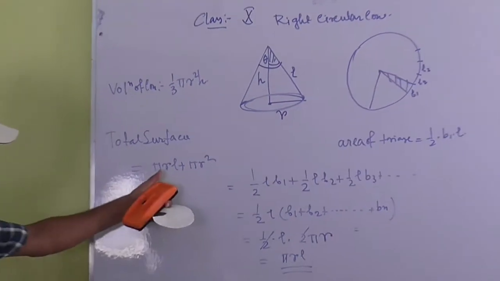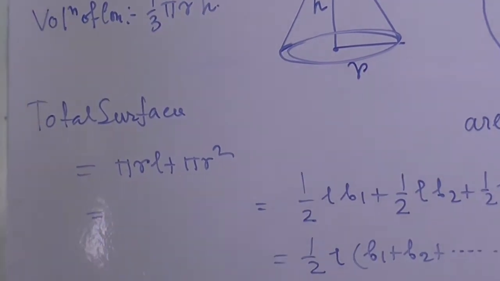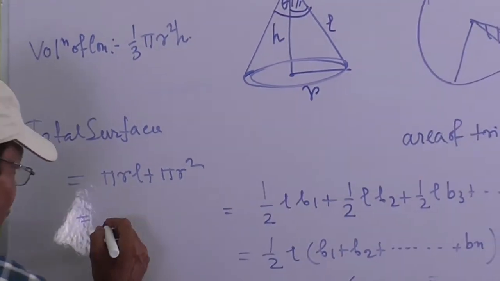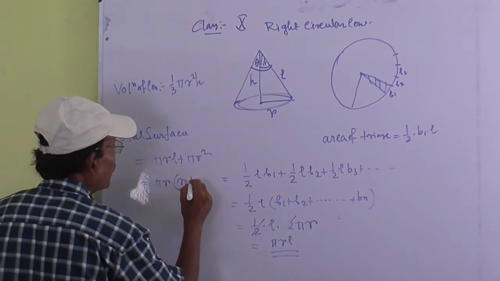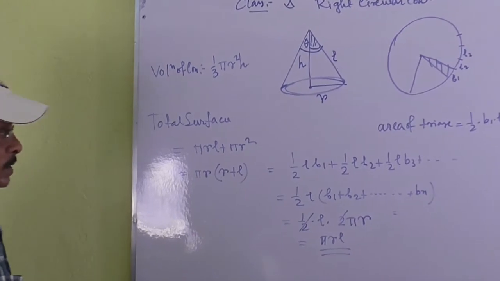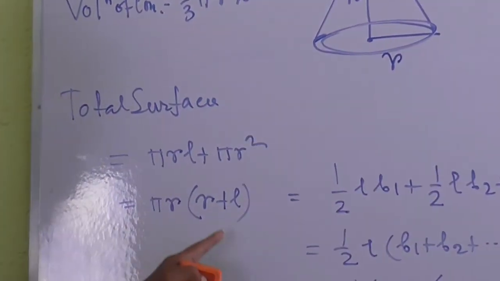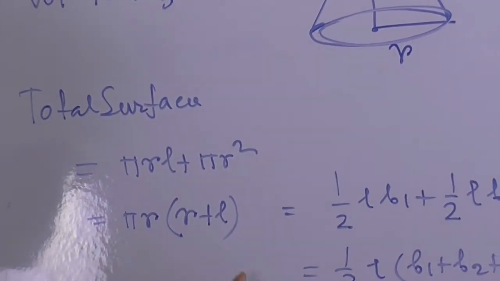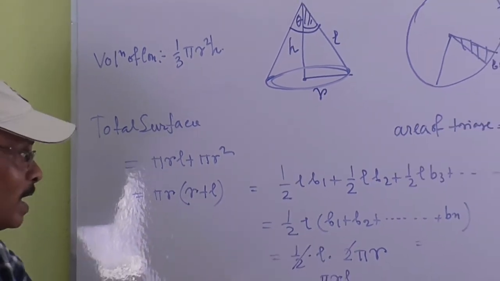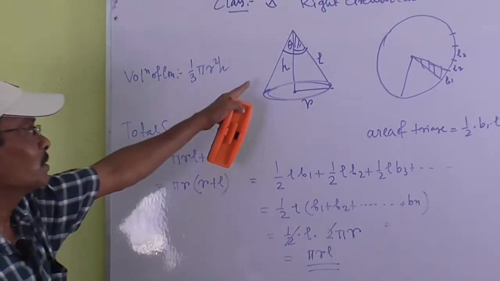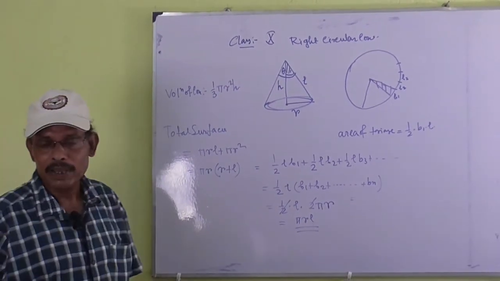The formula of curved surface is pi r l and the area of the base is pi r square, that is the circular region. If we take common, pi r into r plus l. So, three formulas are arranged. Volume of the cone is 1/3 pi r square h, total surface is pi r l plus pi r square or pi r into r plus l, and the curved surface area is pi r l.